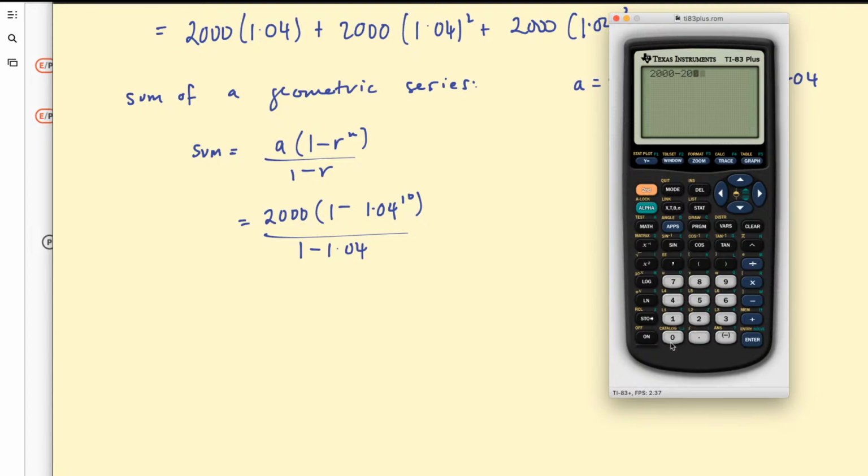Take 2000 multiplied by 1.04 to the power of 10 divided by negative 0.04. Seems like I'm a bit off.